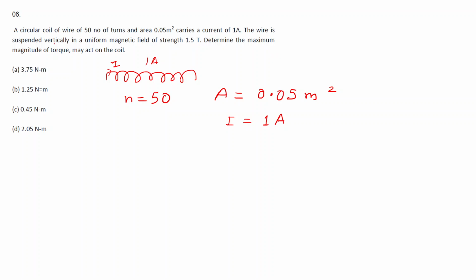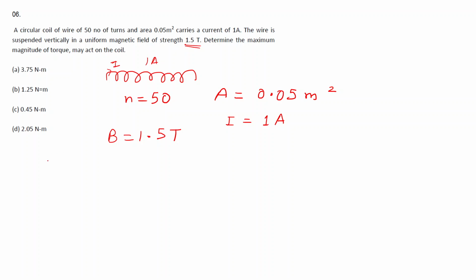The wire is suspended vertically in a uniform magnetic field of strength 1.5 Tesla. So there is a field here and that field value is 1.5 Tesla. Determine the maximum magnitude of torque that may act on the coil.